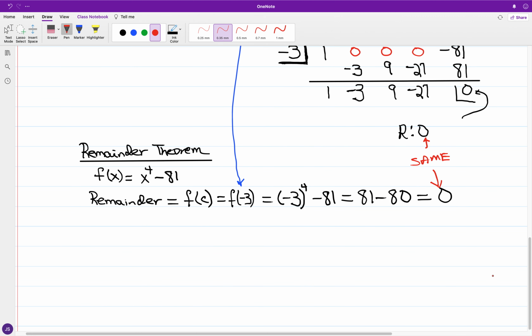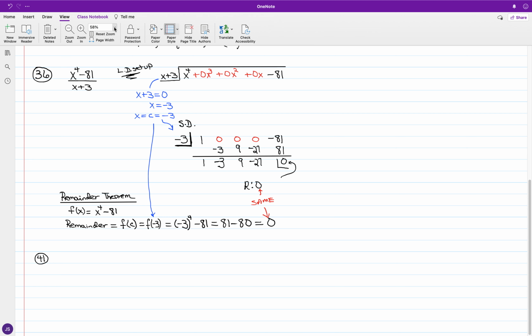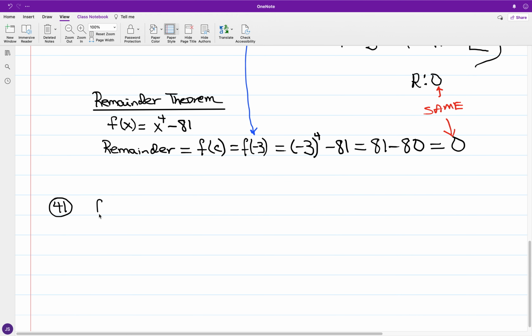For number 41, we have a polynomial function, f of x is equal to 2x to the 4th minus 5x cubed plus x squared minus 7.